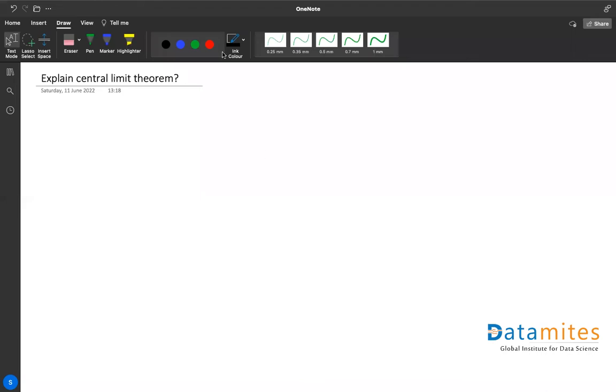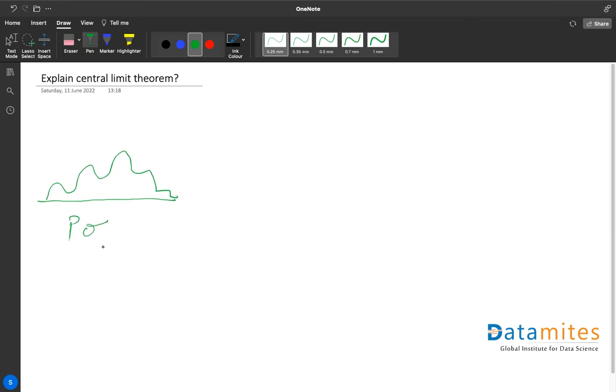Okay, no answers till now. In any shape of distribution, if we take out samples and calculate the sample mean and plot it, then it will be a normal distribution. Correct, Prasad. So as Prasad said, it doesn't matter what the distribution of the population is.